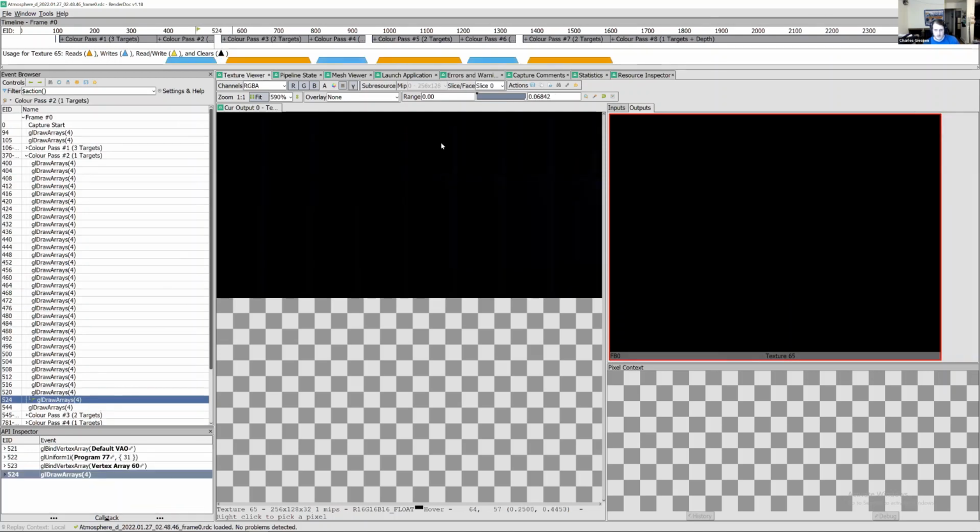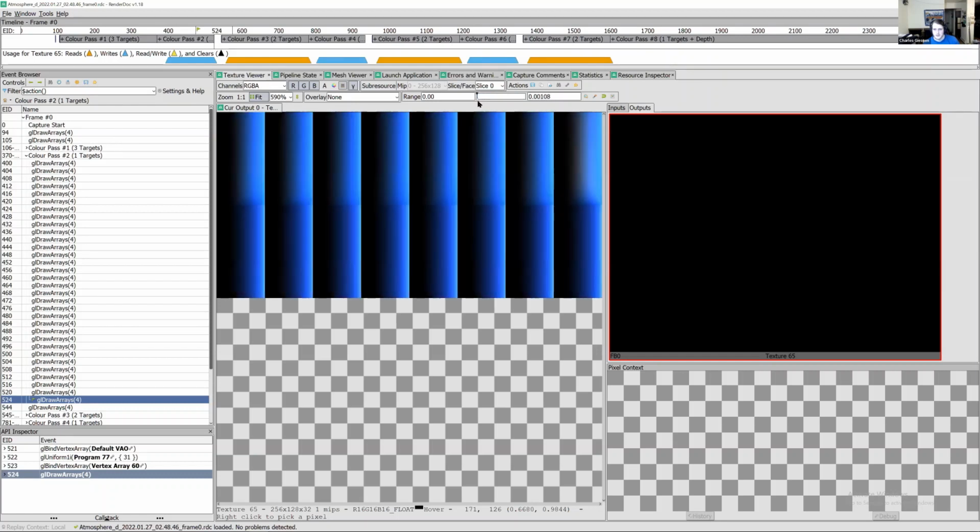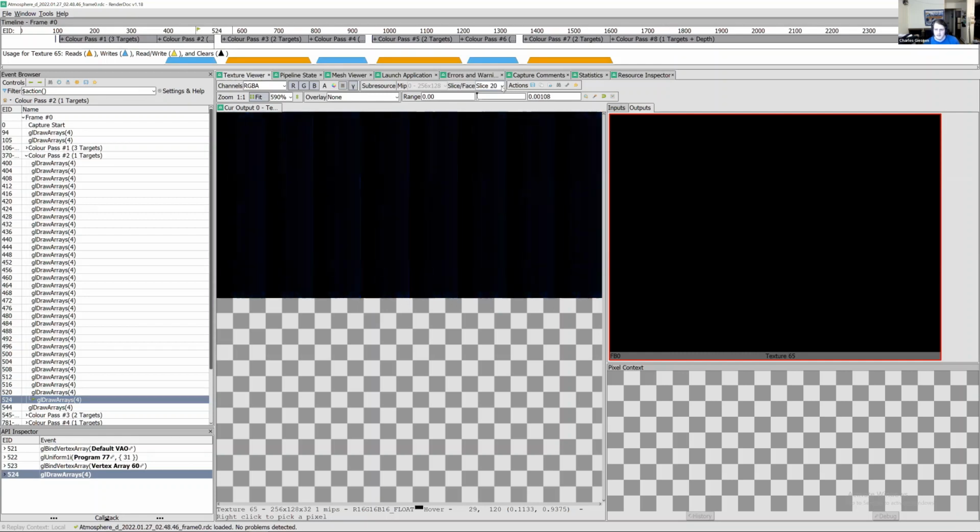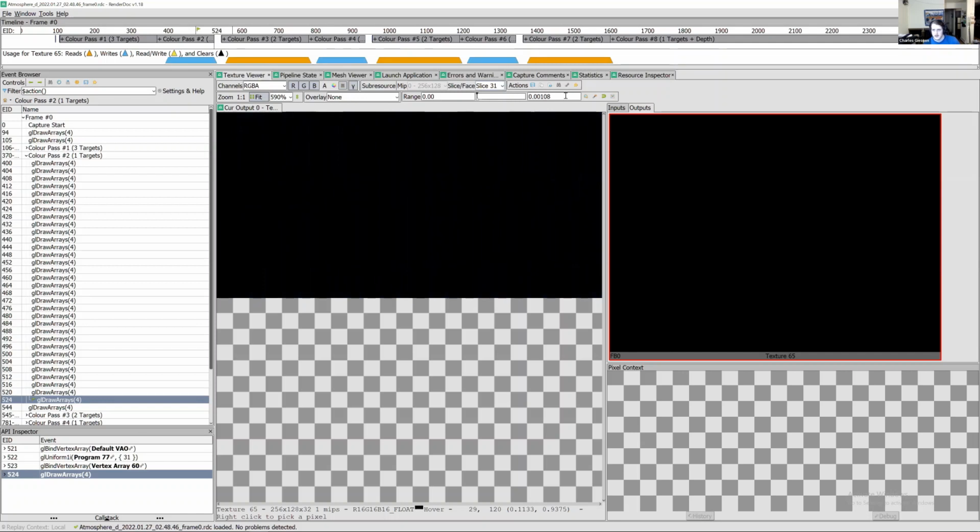So we had to boost the gain on it, so to speak, to be able to see the actual slice values. And you can see by the very end, we're dealing with very small numbers.